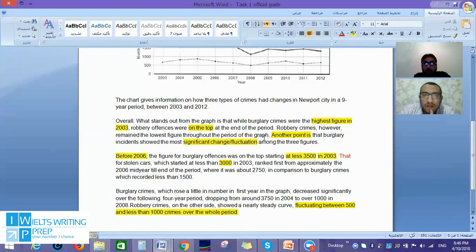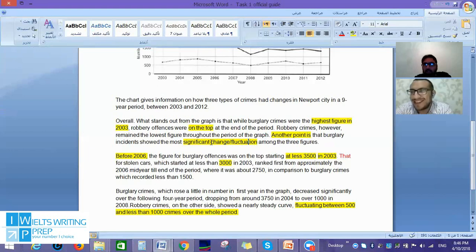Okay. So what did we say? We said that we had the highest number at the beginning, we had the highest number at the end, and then we had the lowest. Another point is that burglary incidents showed the most significant change/fluctuation. I wouldn't give the examiner a choice, like multiple choice.